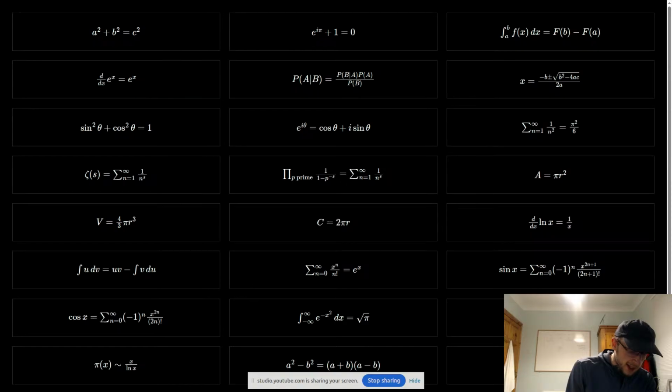Another pattern to see, and this is a pair of patterns, is that n choose 0 plus n choose 2 plus n choose 4 plus n choose 6, and so on, evaluates to the same thing as n choose 1 plus n choose 3 plus n choose 5, and so on. And they both evaluate to half of 2 to the n, which is 2 to the n minus 1.